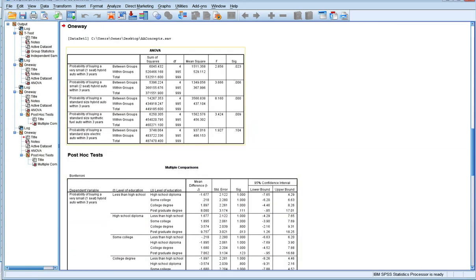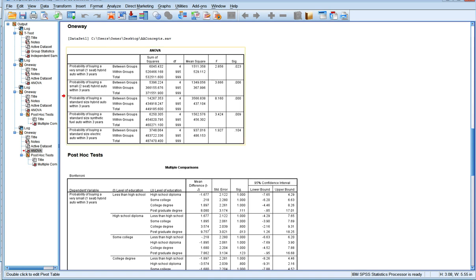Looking, we see that there is a significant difference for at least 4 of the cars, and only for the standard size electric auto, which is the last probability, there is no difference, because we cannot reject the null hypothesis as our significance level is above 0.05.